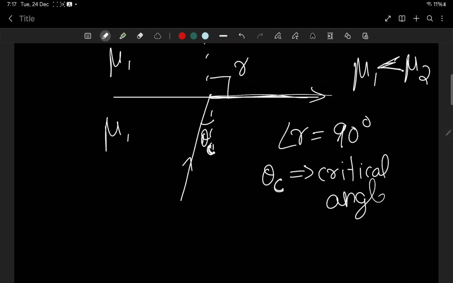It's a very critical angle because the angle of incidence which gives 90 degrees of refraction is called the critical angle.